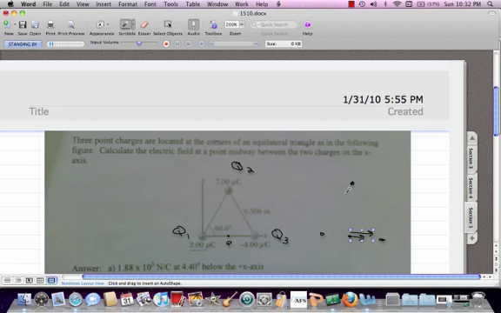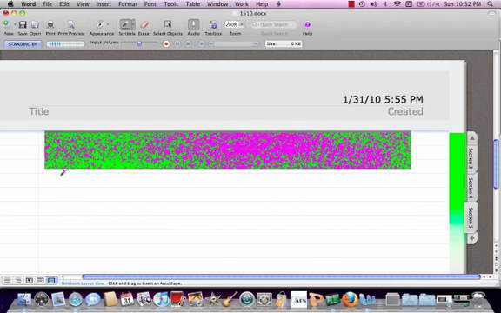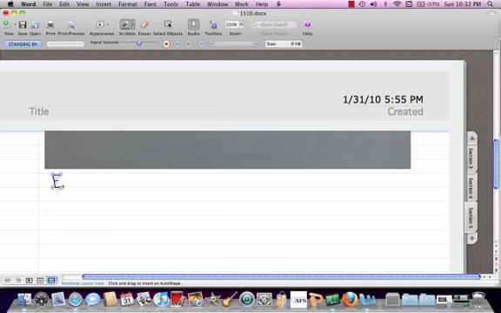And now what about the field due to Q2? Well, that's going to be pointing away from this charge Q2, so it's going to want to be pointing this way. So for Q1 and Q3, I'm going to have fields pointing to the right, and for Q2, I'm going to have a field pointing down. Okay, so E at P is equal to E from 1 plus E from 2 plus E from 3, the superposition principle.